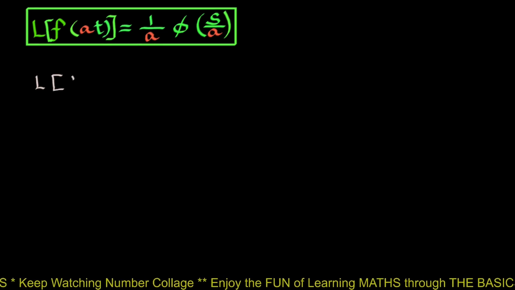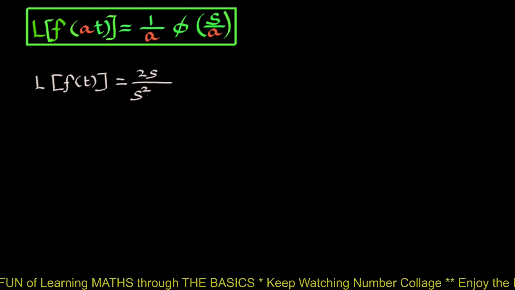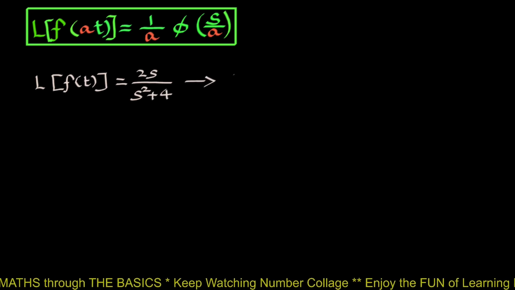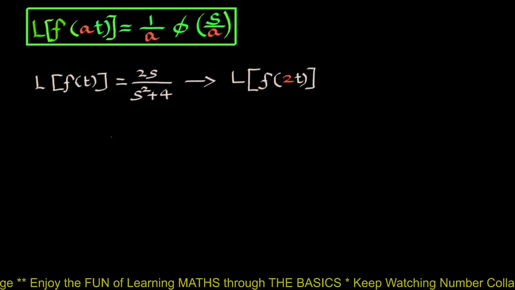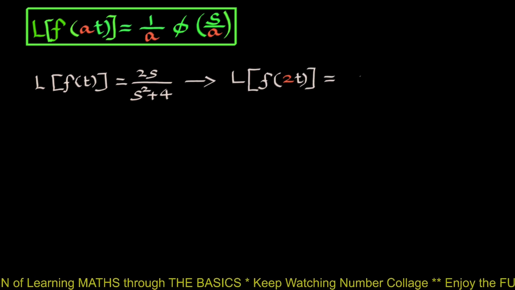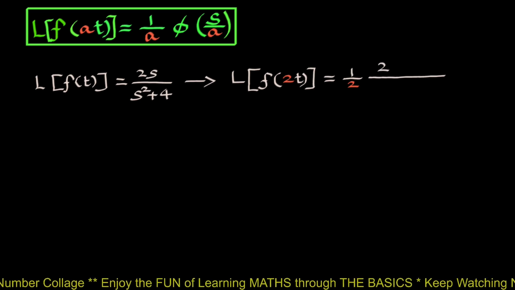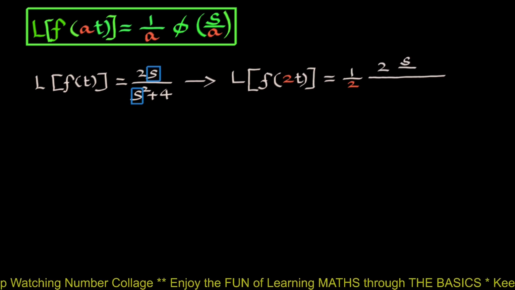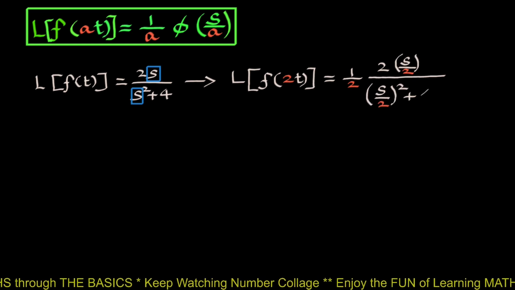If Laplace transform of f(t) is 2s upon s square plus 4, we have to find Laplace transform of f(2t). According to above rule, this will be 1 upon 2 into 2, and replacing s by s upon 2, upon s upon 2 whole square plus 4.